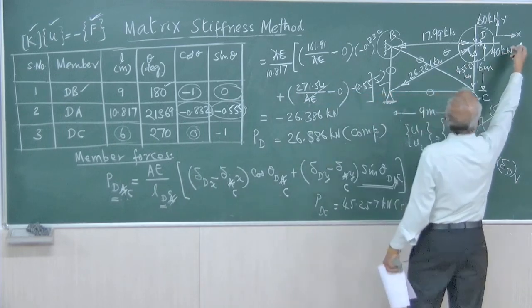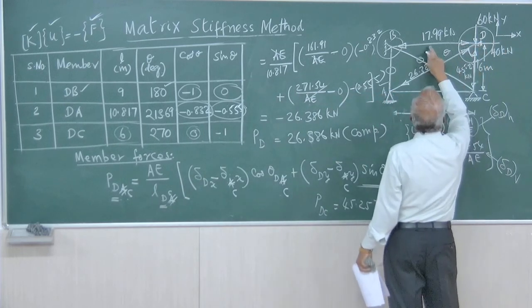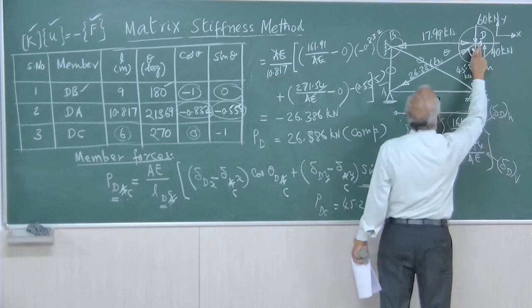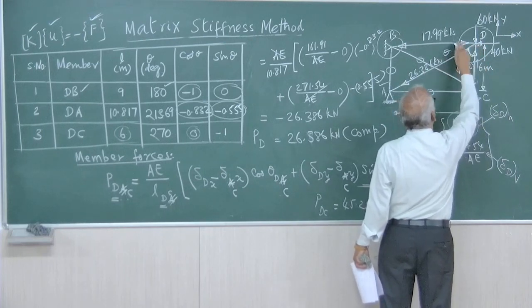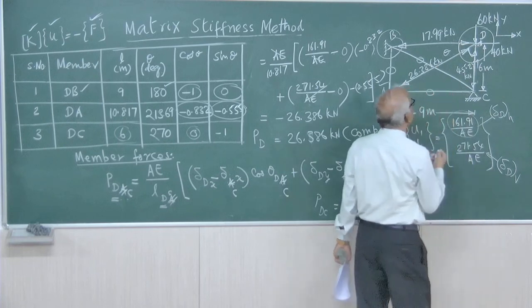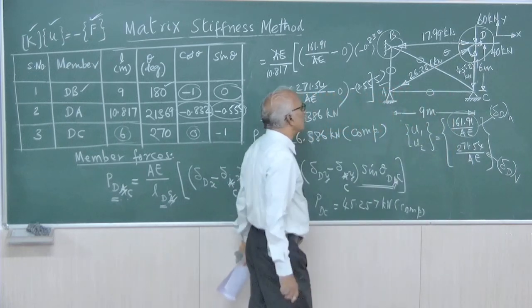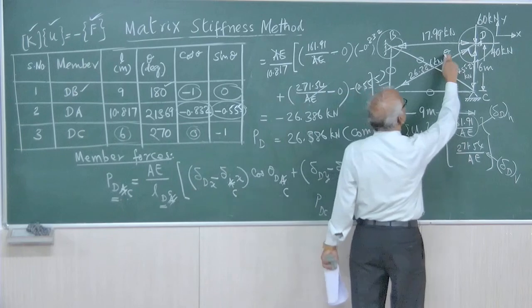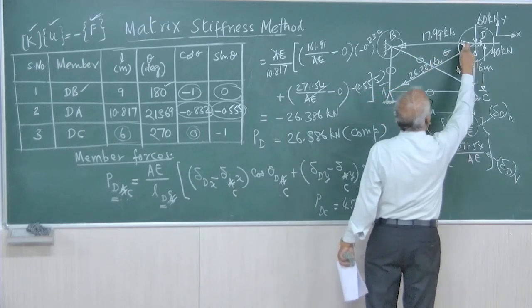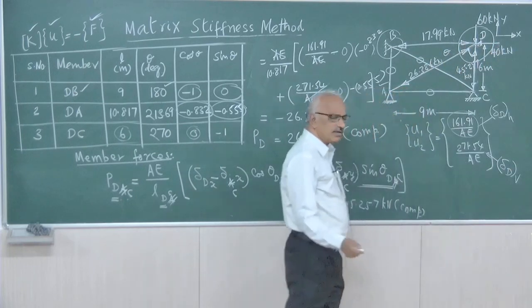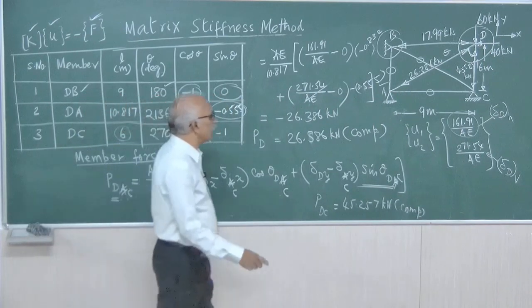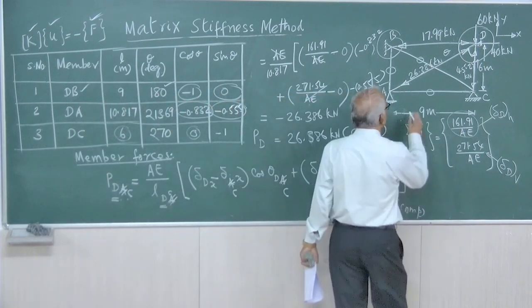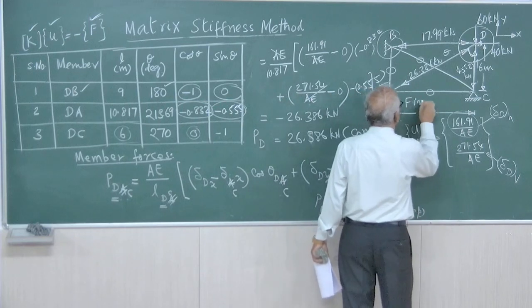One is 40 towards left. So this is 17.999, and this is 26.386 into cos theta. Theta is some 36 something. Already we know the value. So the horizontal component of this force plus this force will be equal to 40. You can always check that. That completes the final calculations. These are the final forces.